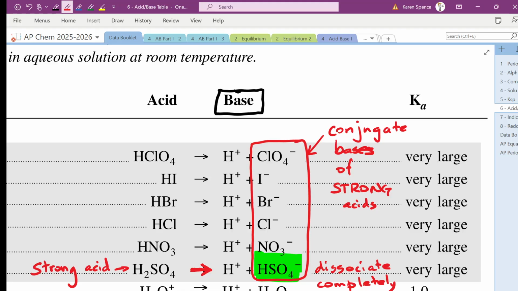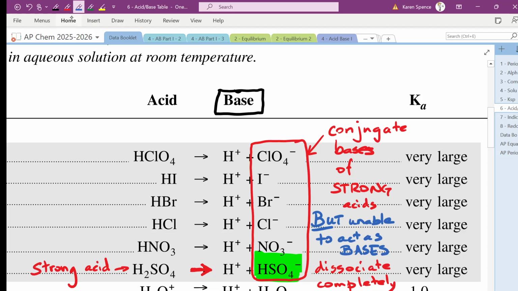Anytime you want to find a conjugate base, you just take off a proton. But you might be too weak to take that proton back. And if you're too weak to accept a proton, are you able to act as a base? No. So these guys are conjugate bases of strong acids, but they are unable to act as bases.